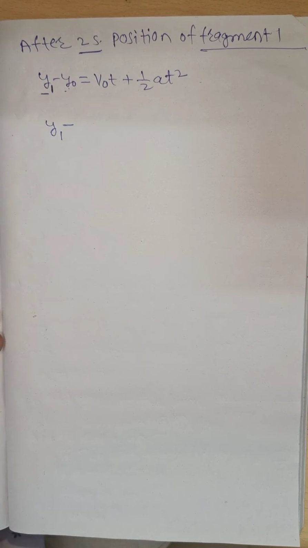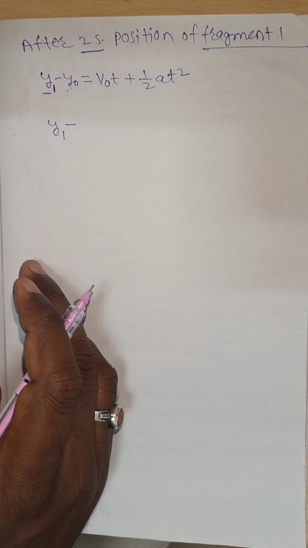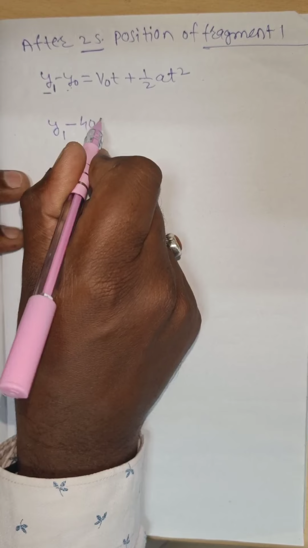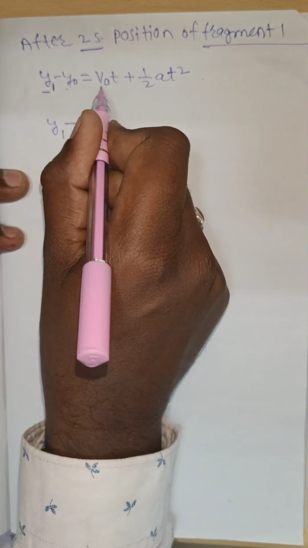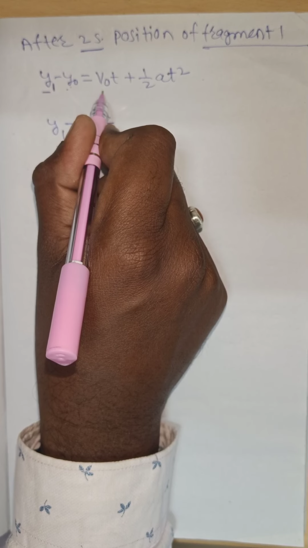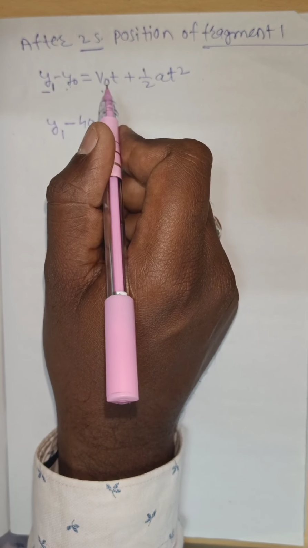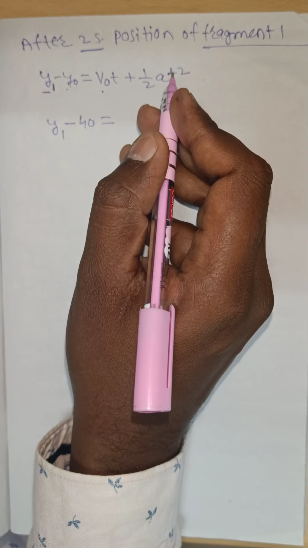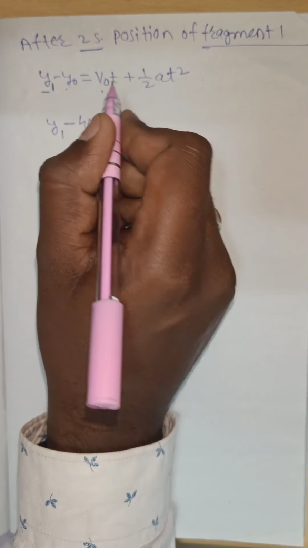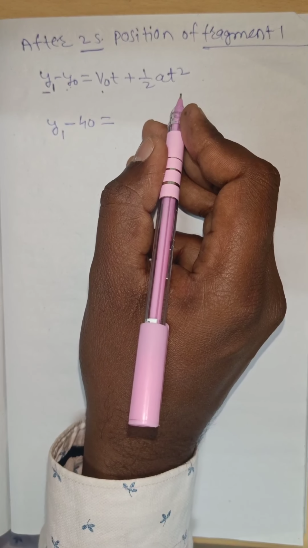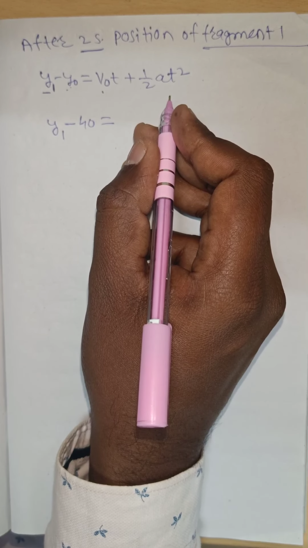Both the fragments are at a height of 40 meters, therefore the initial position is 40. What is the initial velocity of fragment 1? The fragment 1 velocity is 10 meters per second, but in a downward direction.